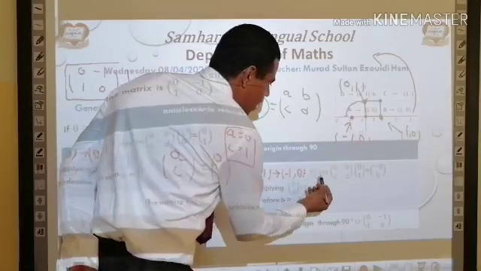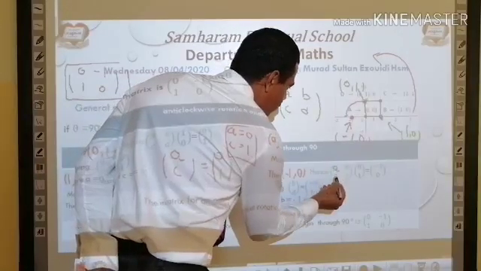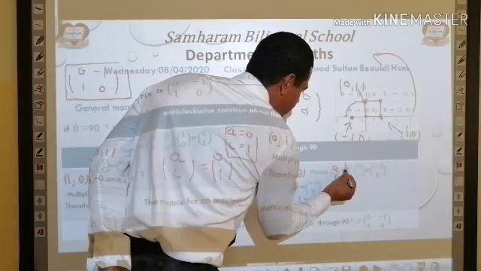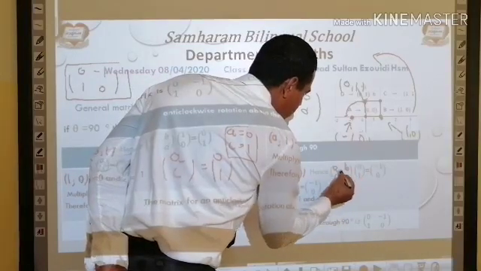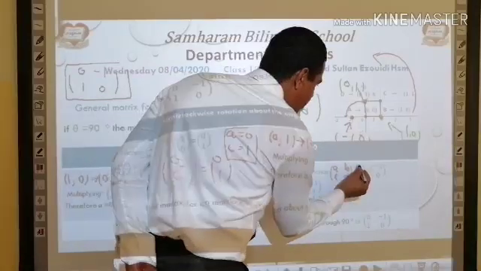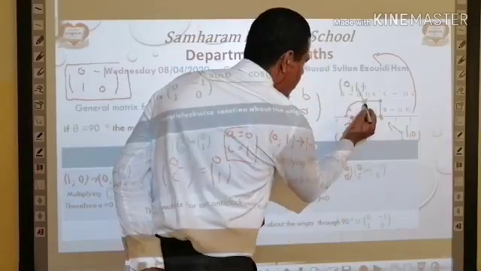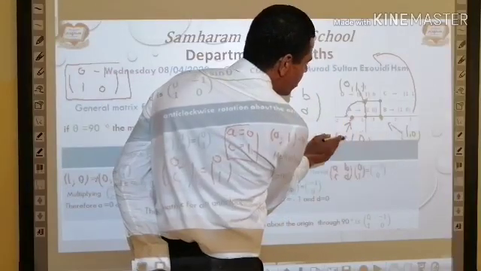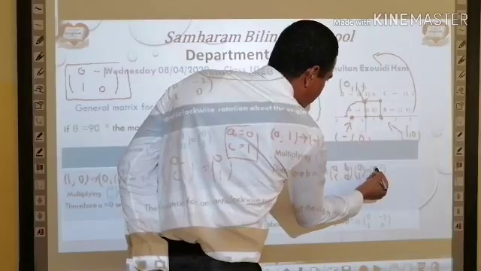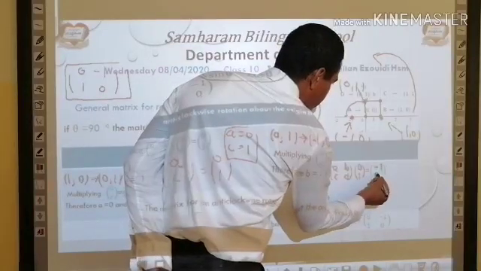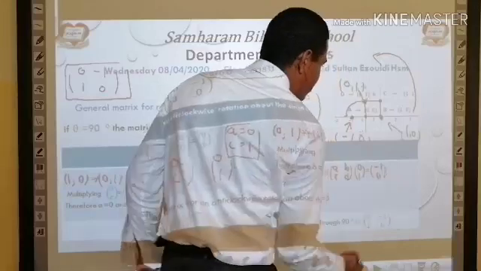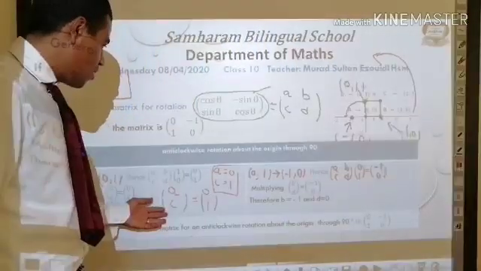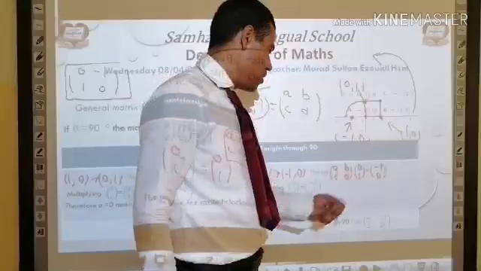Hence the matrix for the transformation that transforms this point to its image will be A, B, C, D times 0, 1, the coordinates of this point, that maps in fact to this point, which has coordinates of negative 1, 0. Now, my kids, if you would like to work out B and D, because we found the values of A and C, now we would like to find B and D.